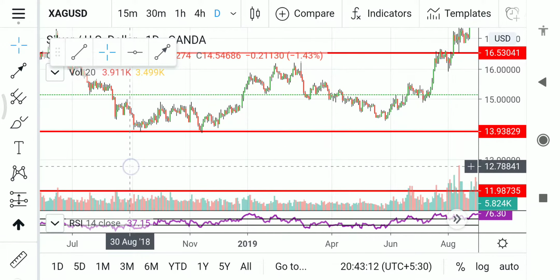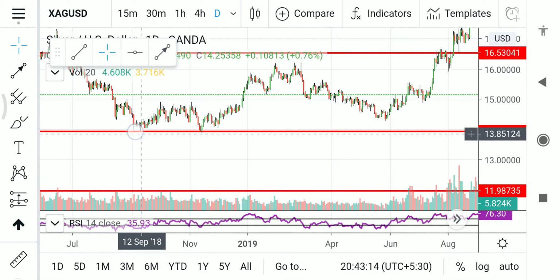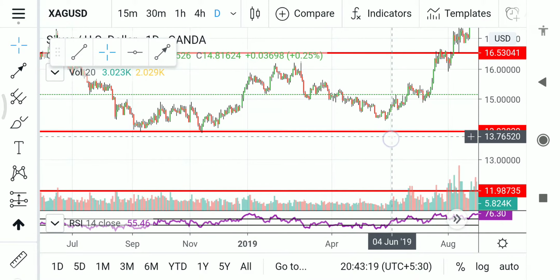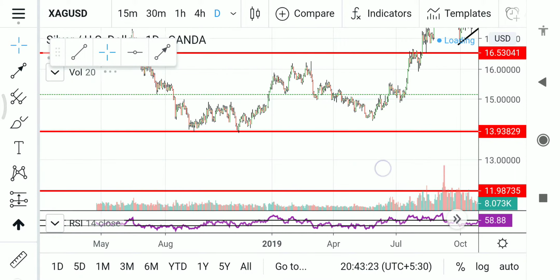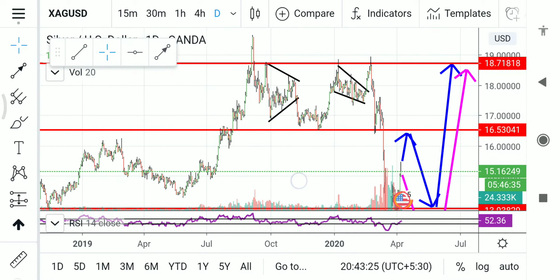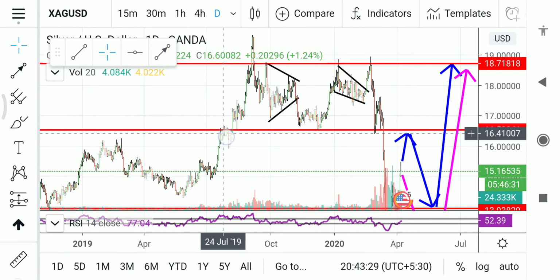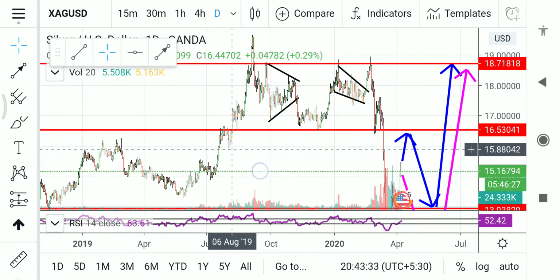From September, see this region, it had taken support here, and here, and it tried to take support here, but without coming to this region, it moved on. Once it went near that region, it first tried to take resistance, came down but was not able to sustain that.